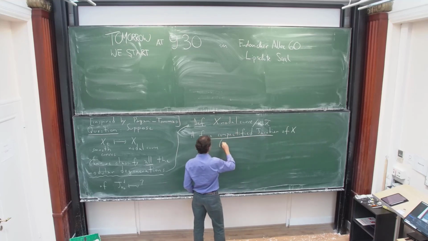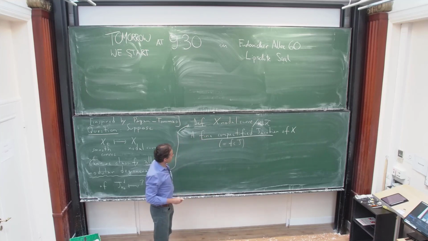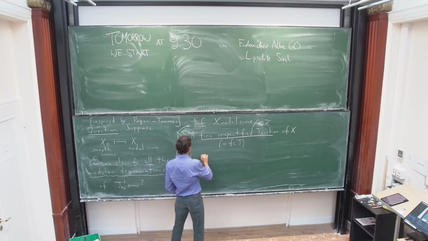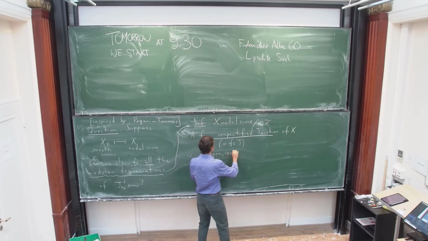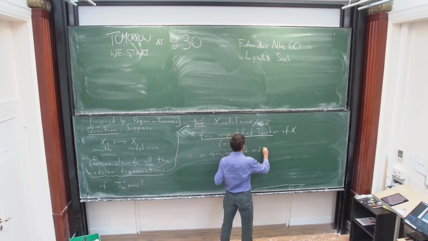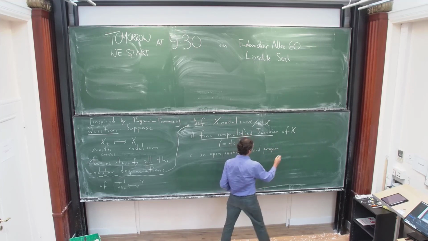Maybe I'll shorten this with FCJ. So a fine compactified Jacobian is an open, connected, and proper substack.